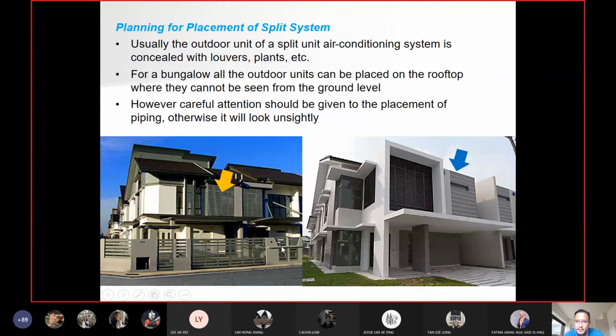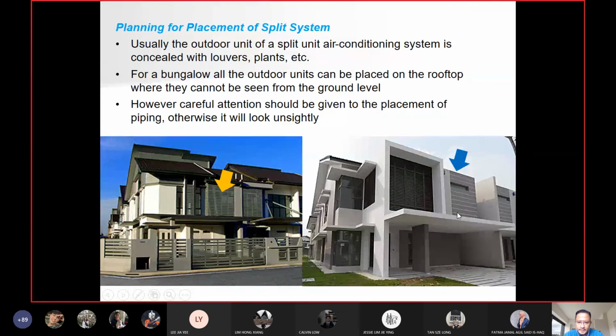So that's why your role as an architect is to consider this thing. When you design a terrace house and later on the residents would install aircon, you need to think about that earlier. So where are they going to put the outdoor unit, and how it can be hidden from the side, and so on.